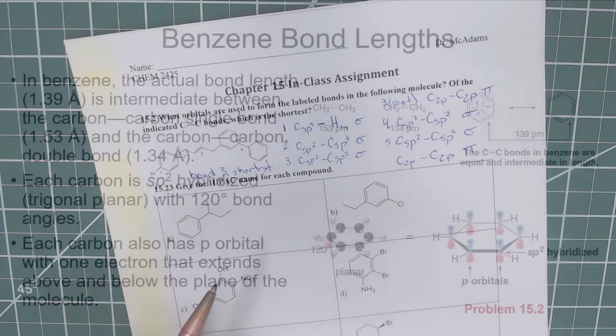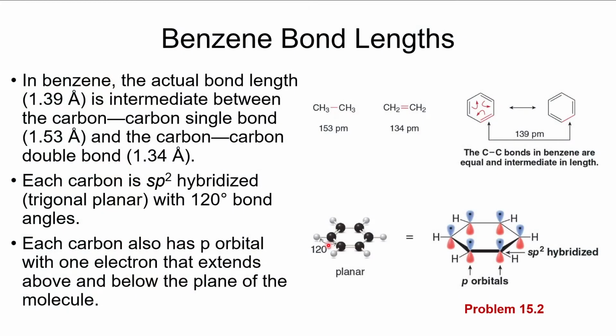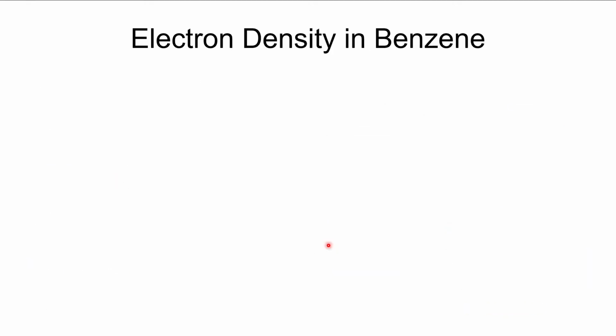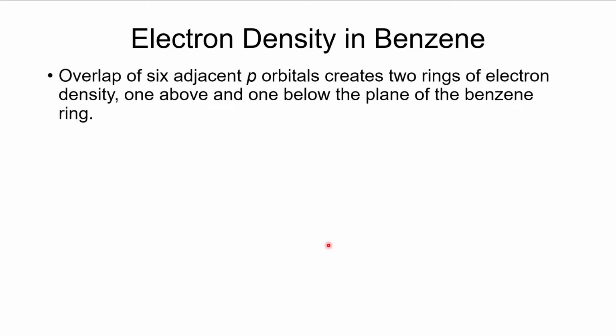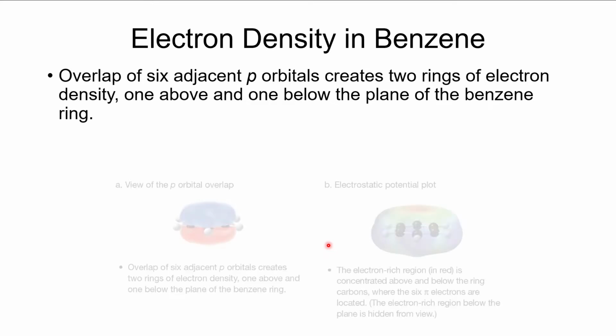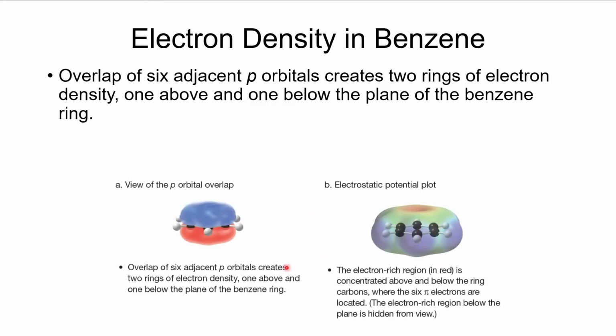So now let's go back and look at the presentation. If we look at the electron density in benzene, we get something that's kind of interesting. Because we have overlap of all 6 p orbitals, they overlap above and below the plane, we get a continuous pi system that is both above and below the plane on the benzene.